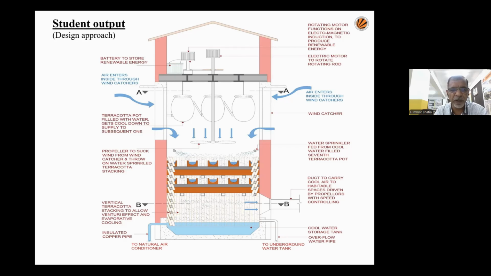And from the seventh pot, when the water has cooled down, because terracotta is cooling down the water because of the evaporative cooling, the seventh pot is sprinkling the water onto the terracotta tiles which are there underneath. Okay.